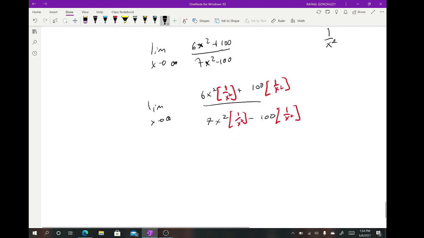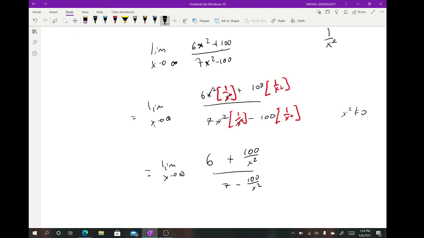So long as x squared is not equal to 0, and we know it's not equal to 0 because the numbers are going up to infinity, we can cancel the x's out. So we get the limit as x goes to infinity now of 6 plus 100 divided by x squared over 7 minus 100 divided by x squared.